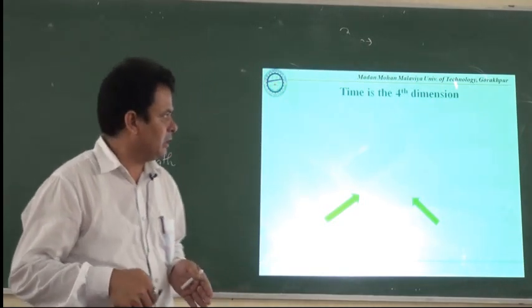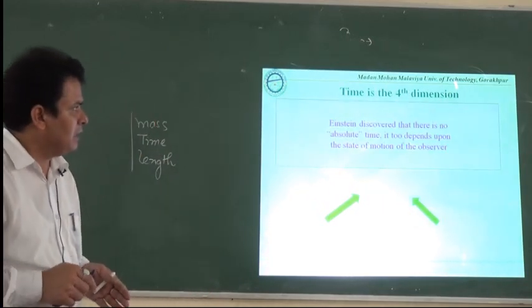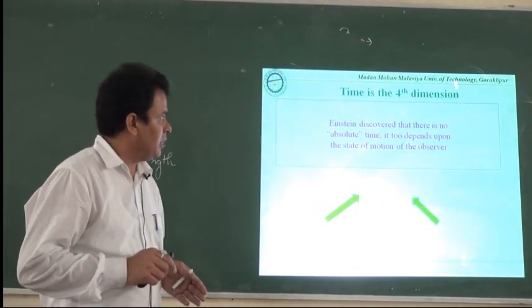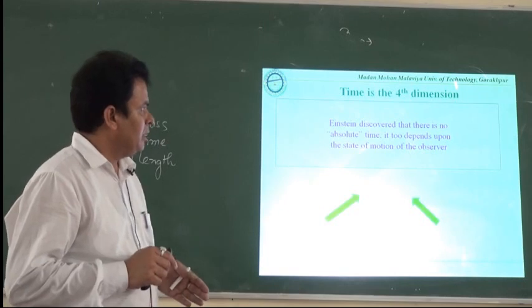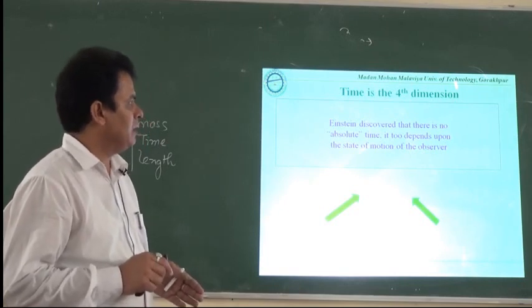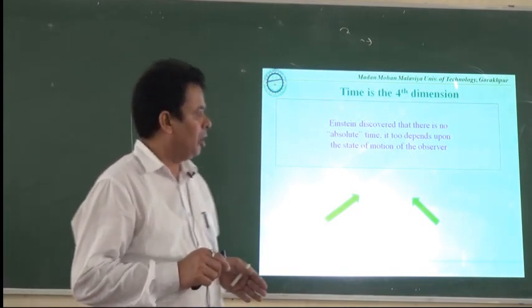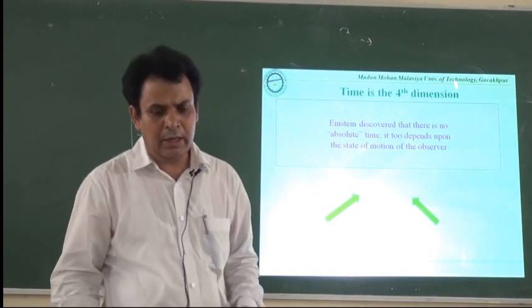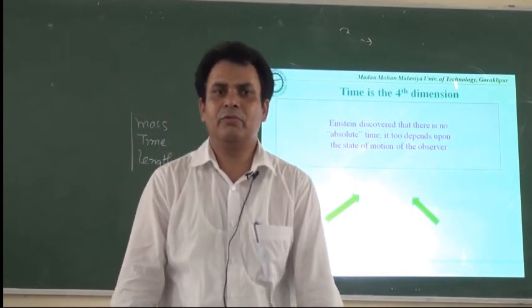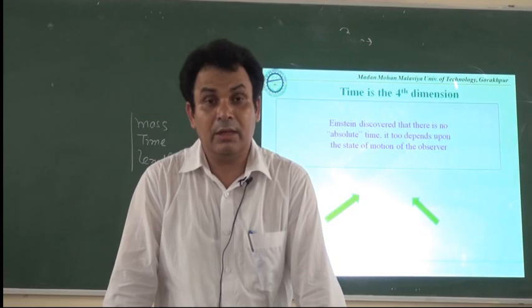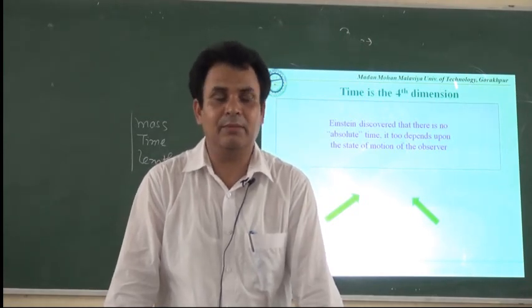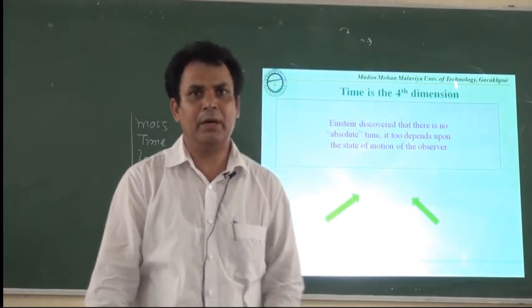You will see here that Einstein discovered that there is no absolute time. It too depends upon the state of motion of the observer. Before Einstein, it was considered that space and time are independent of each other.